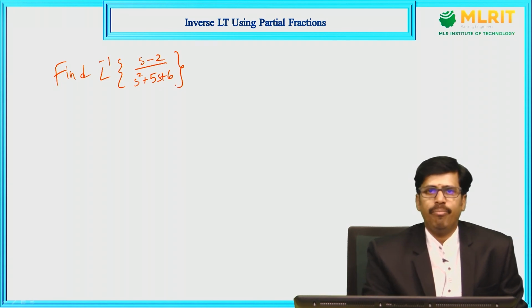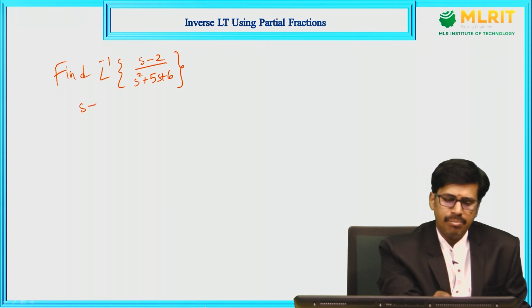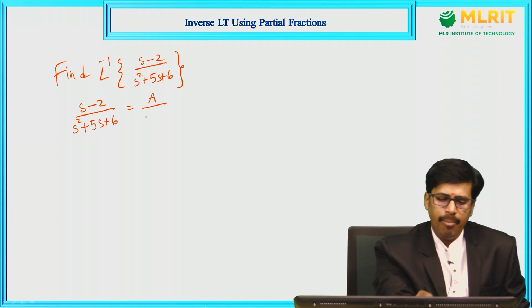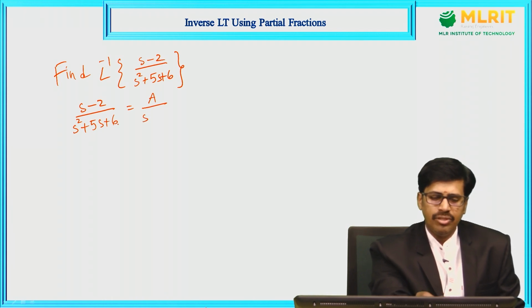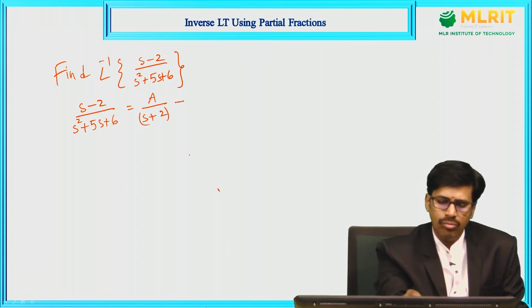So, to apply partial fractions, s minus 2 upon s square plus 5s plus 6, where s square plus 5s plus 6 can be written in factors as s plus 2 into s plus 3.